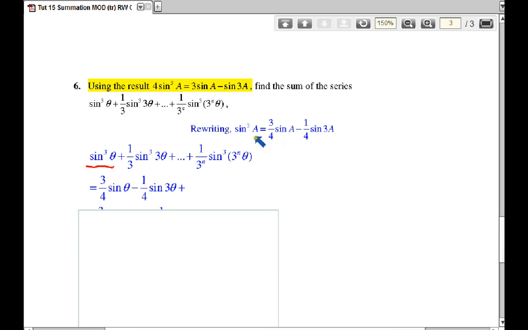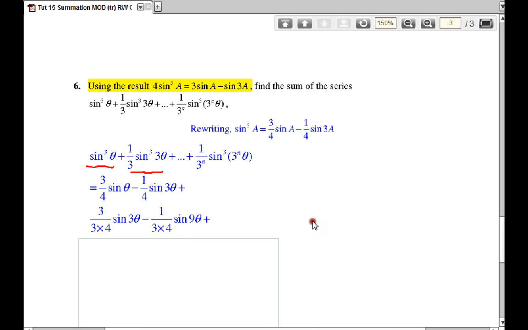Can we make use of this same line here, or for this second term, which is here? I think we can. It's just that there is an additional 1/3 factor. So 1/3 times 3/4.